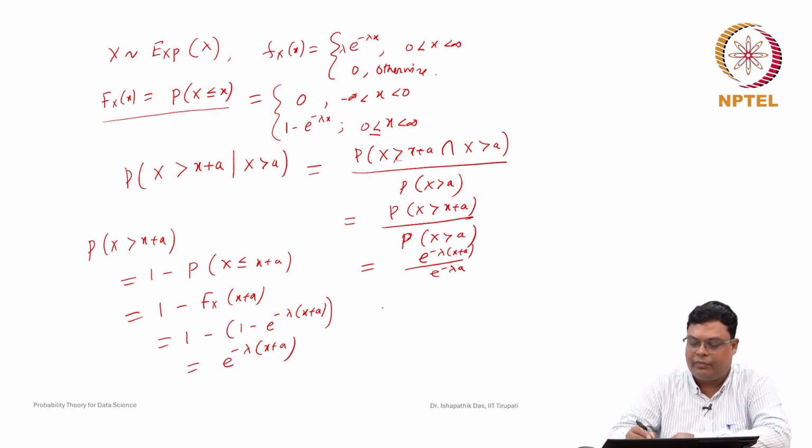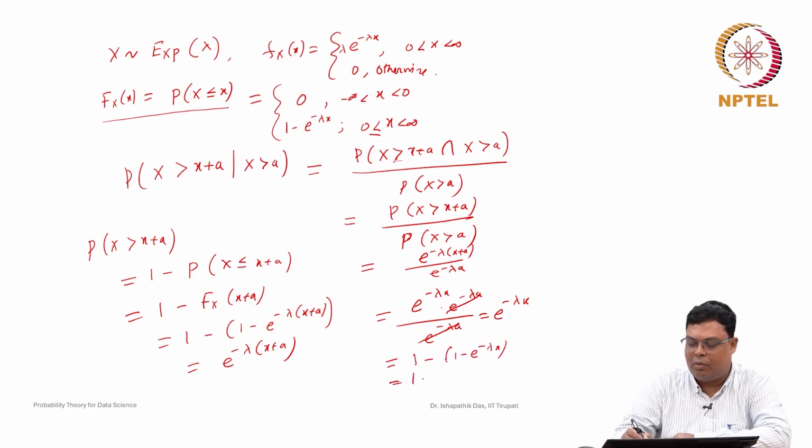Now, this is nothing but e to the power of minus lambda x into e to the power of minus lambda a, divided by e to the power of minus lambda a. So, this is cancelled, and it is nothing but e to the power of minus lambda x. So, what is e to the power of minus lambda x? This is how we can represent it: 1 minus of 1 minus e to the power of minus lambda x.